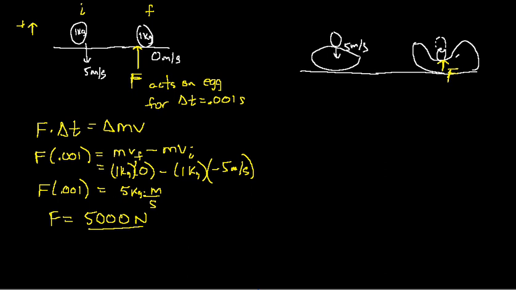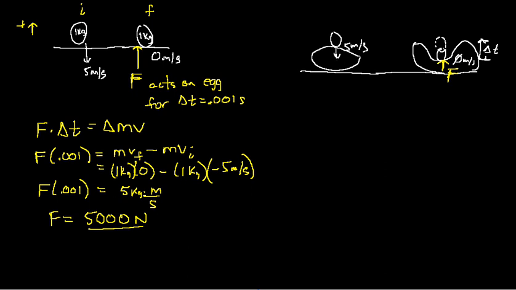Here the velocity is 0 meters per second, right at this point. So there was some delta t, some time it took for the egg to go from this position all the way to the dented-in position. As it's going, it's denting, and then it stops and the egg is stopped.